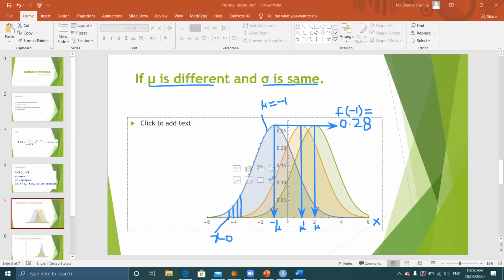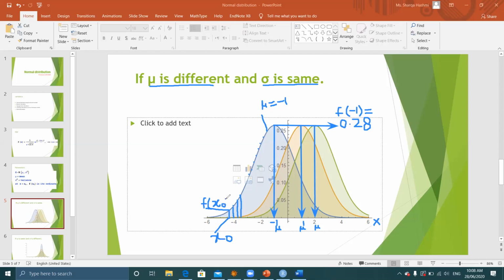So at every point, the height is called the ordinate. So this is our ordinate. This point, this height is called ordinate, f of x naught. This point is called f of x naught, for specified values of mu and sigma.